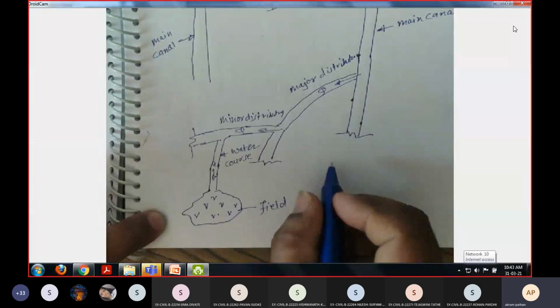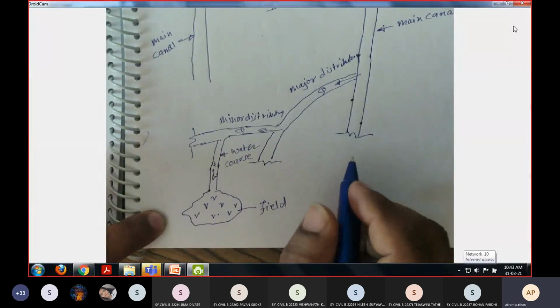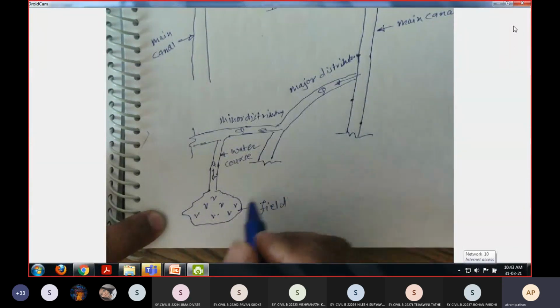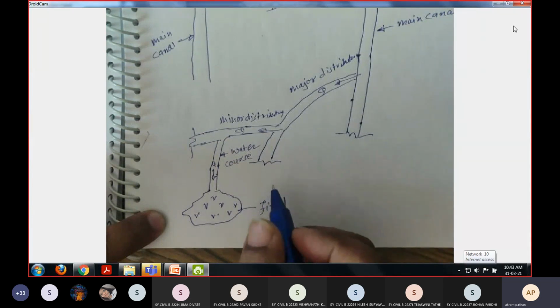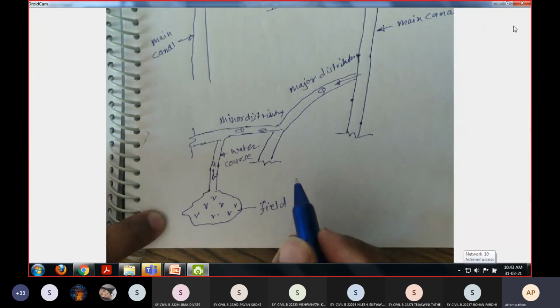Now, as a hydraulic engineer, our responsibility is to measure the discharge at each and every section.